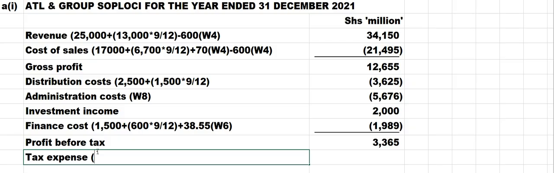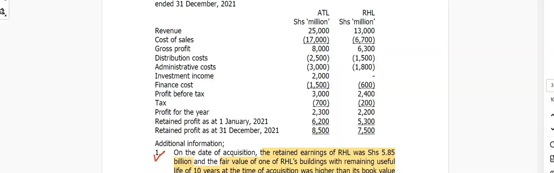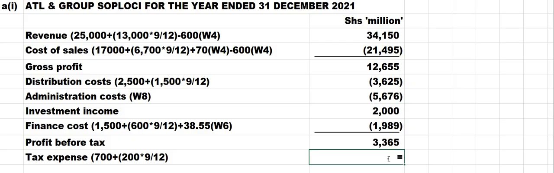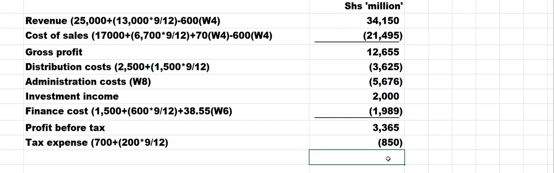The parent is 700, then plus the sub. The sub we have 200, that time was 9 over 12. We have our 700 plus 200, but times 9 out of 12. This gives us 850.